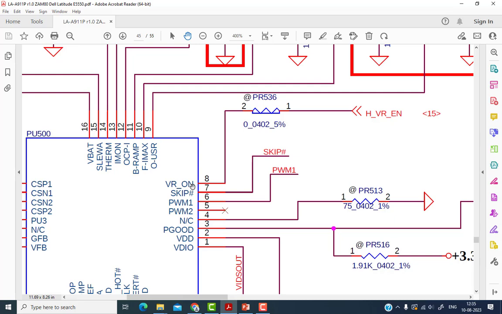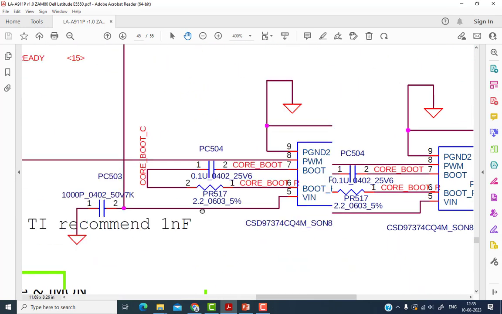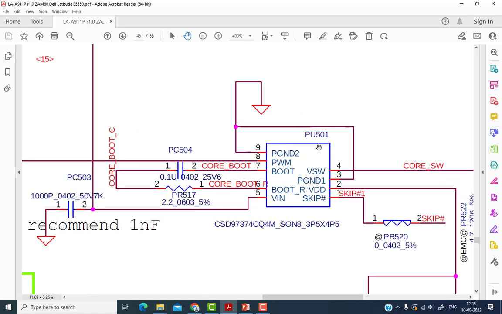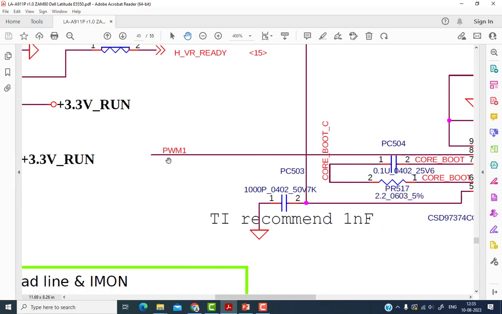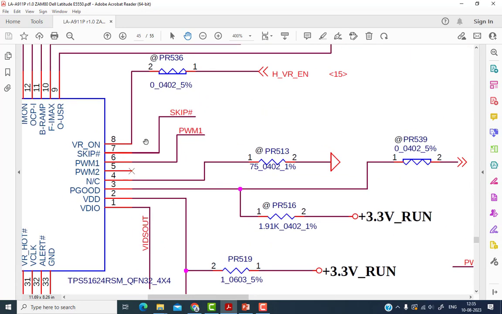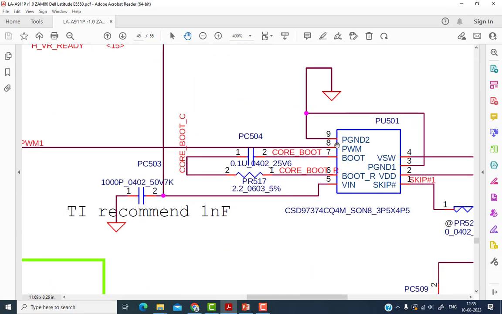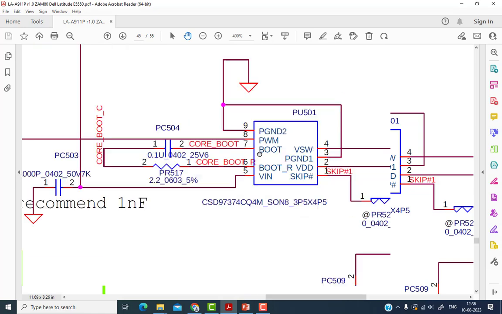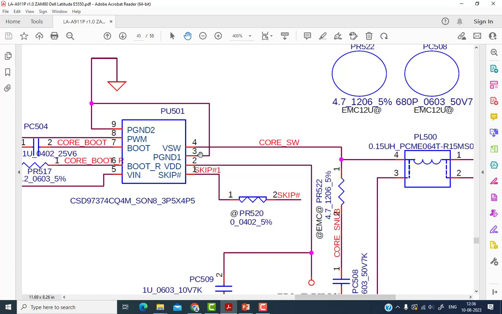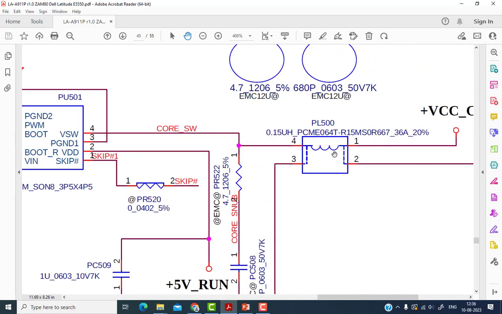As soon as this VRM chip gets this VR on signal, it starts pulsating these two MOSFETs, whose location here is PU501. I already told you that these are dual MOSFETs, that means in a single package there are two MOSFETs. This signal PWM1 is coming from this VRM chip and starts triggering these two MOSFETs at pin number 8, and the pulsating AC voltage will be generated and come out from pin number 4, going to this coil called PL500.